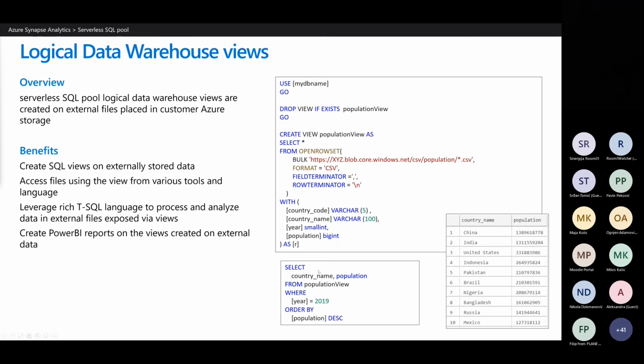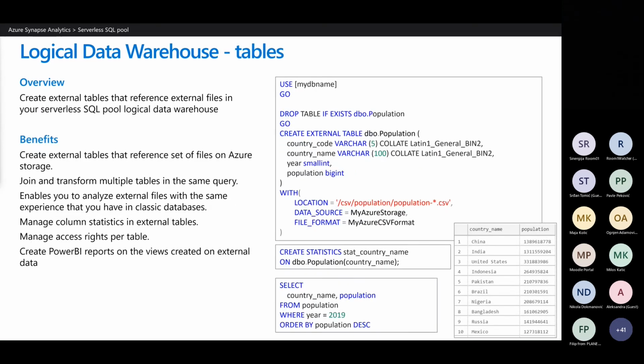You can directly query the view, and the view is going to pull the data. For your SQL tools, it looks like any other SQL view, but the data is not persisting in your database. It is actually coming from your external storage or data lake storage.